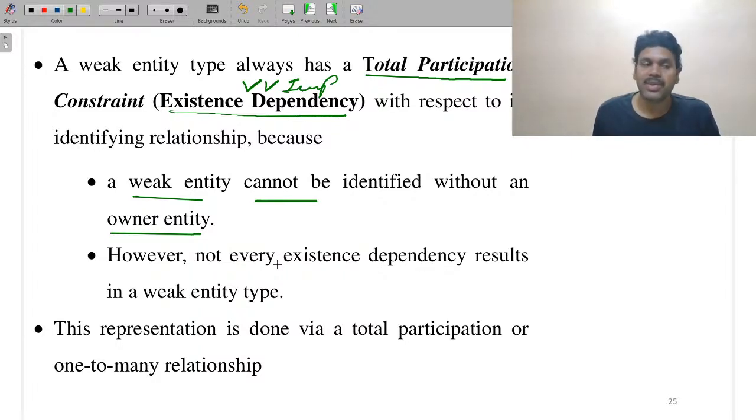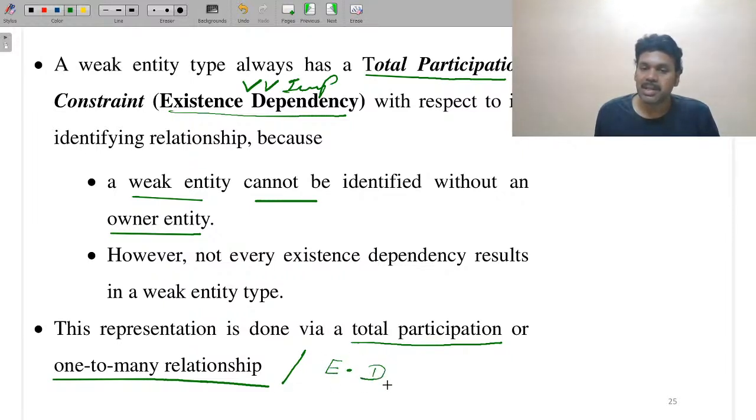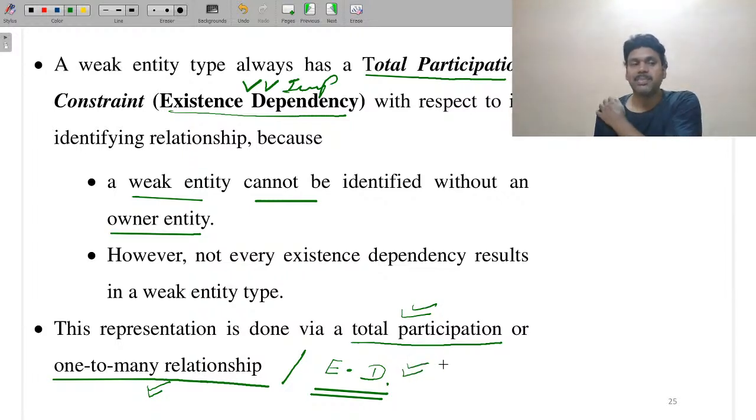Without the owner, the weak entity cannot be represented. And this is done using total participation, also using a one-to-many relationship. Also, we are calling it existence dependency. So you can use total participation, or a one-to-many relationship, or existence dependency to represent your weak entity set.